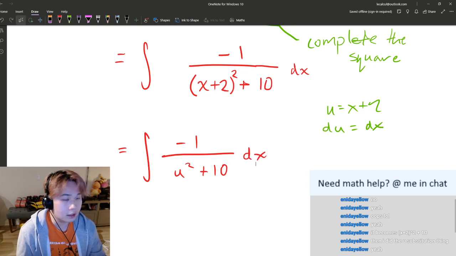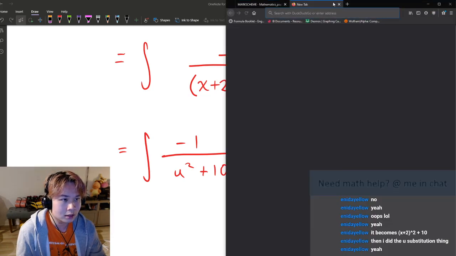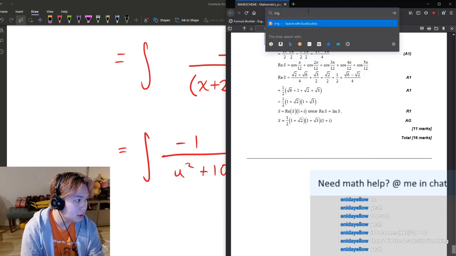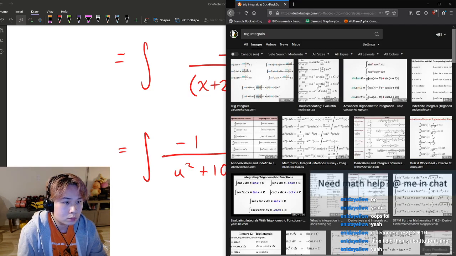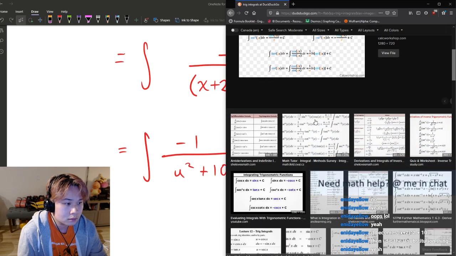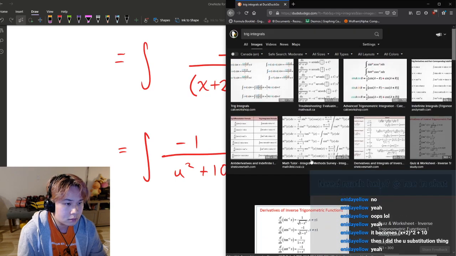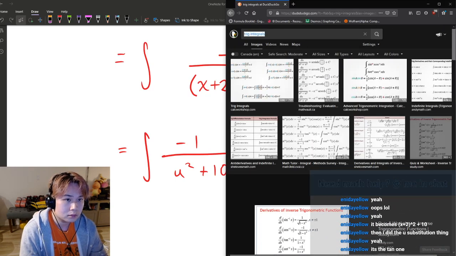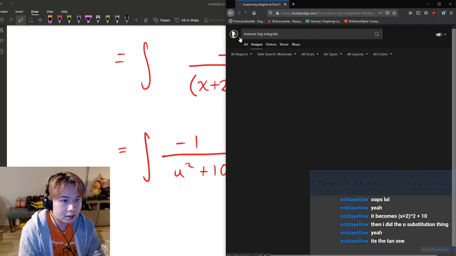So then you just check your chart, because I don't remember those trig integrals off the top of my head. Trig integrals. Inverse trig integrals.